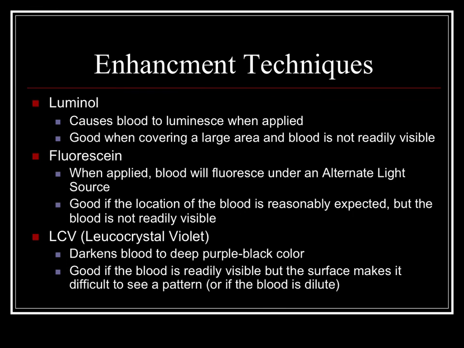We do have three different techniques that we can use to test whether blood has been left there, or if someone tried to clean up blood. Sometimes it's not as easy to see blood. Think about out in the woods, where you have a lot of leaves and debris. It might not be as easy to see. Here are some different examples.